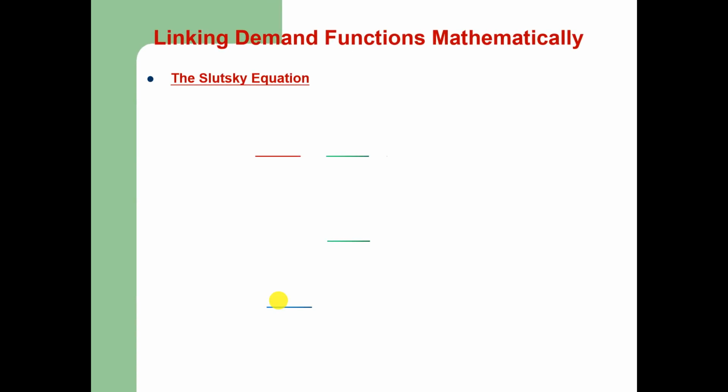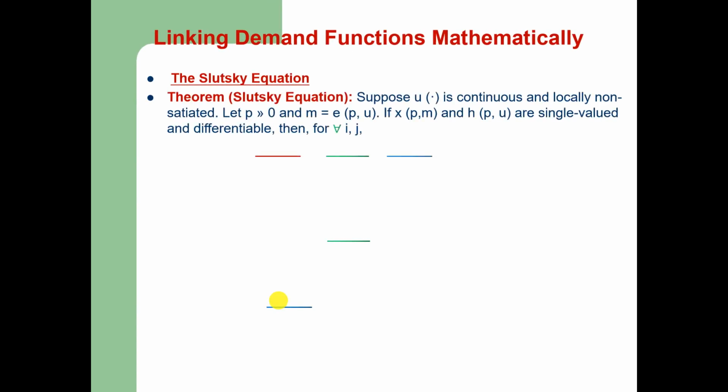Similarly, using the Slutsky equation theorem, we can also link demand functions mathematically. This theorem says, suppose the utility function is continuous and locally non-satiated, and let the price vector be strictly positive, that is, all prices are greater than zero, and consumer money income is equal to the total expenditure on the goods, which is a function of prices of goods and some utility level.